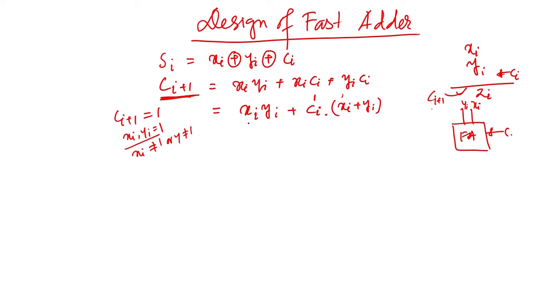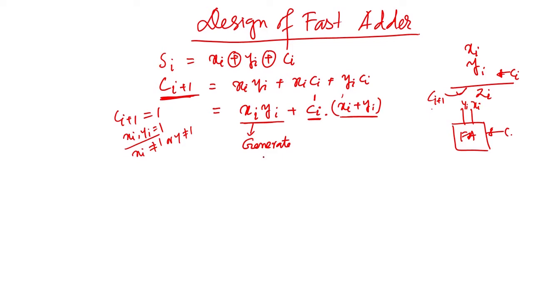Therefore, we should give different names. This is generating the carry, so this is called generate. And whether the input carry will propagate to the next level or not depends on the values of Xi and Yi. If Xi and Yi are both 1, it does not matter, obviously it will generate and also propagate.